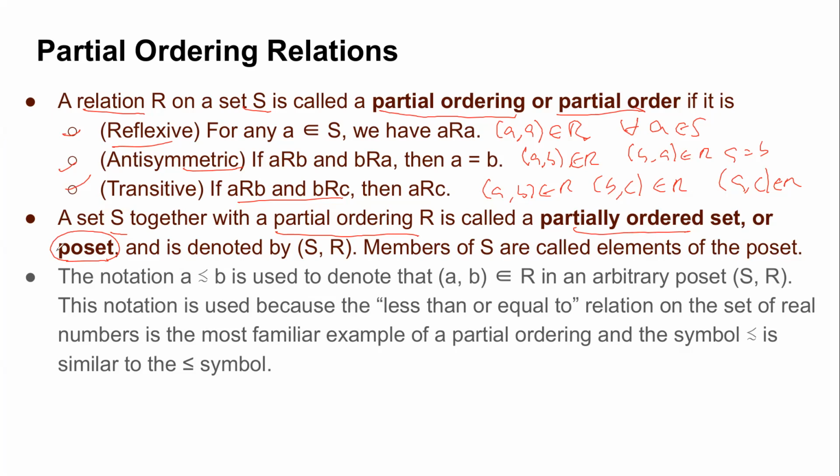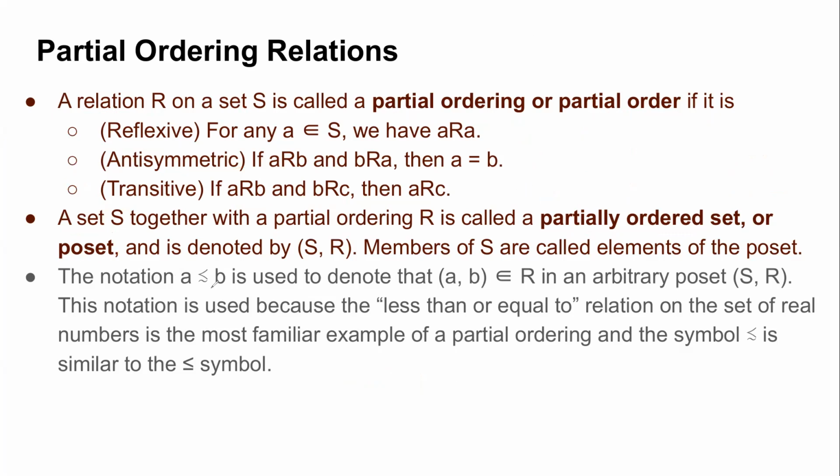So if R is a partial ordering relation defined on set S, then the combination of S and R is known as a poset or a partially ordered set. Members of S are known as elements of the poset. In general, we denote the poset by this symbol.